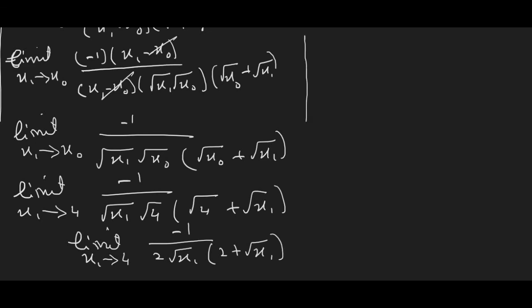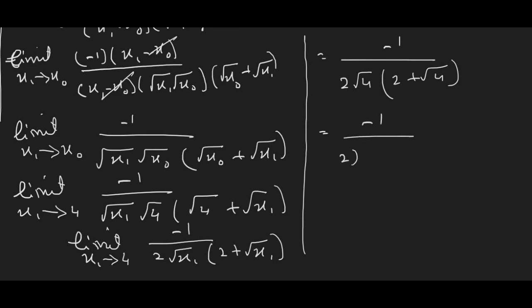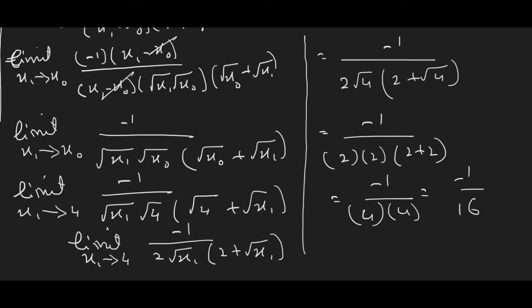Now we are going to apply the limit formally, minus 1 over 2 under root 4 into 2 plus under root 4, minus 1 over 2 into 2 plus 2, which is equal to minus 1 over 4 into 4, minus 1 over 16 is our required answer. Delta y by delta x is equal to minus 1 over 16.